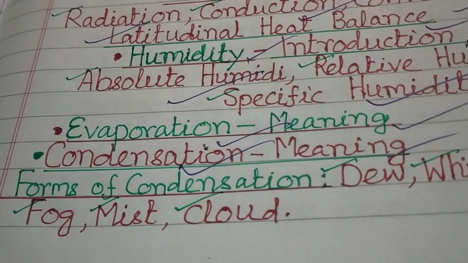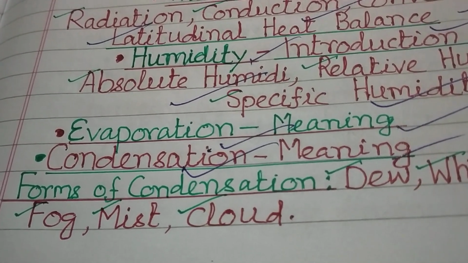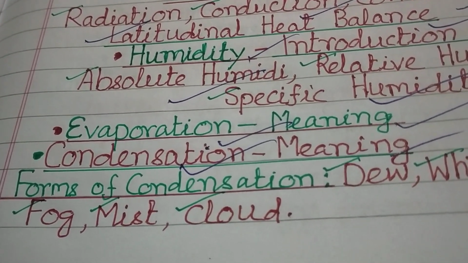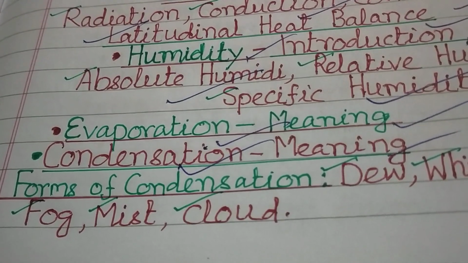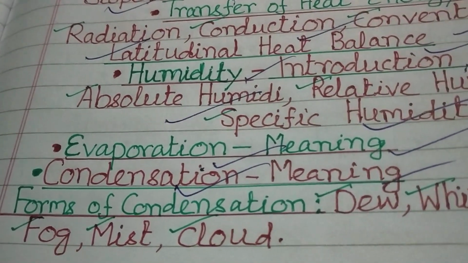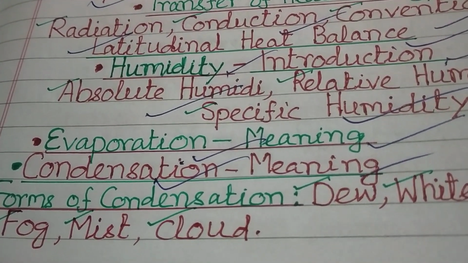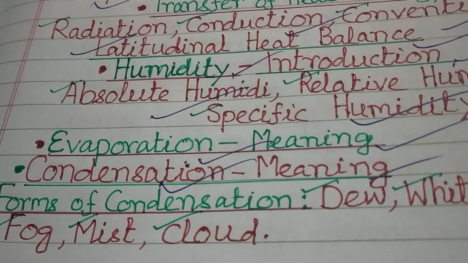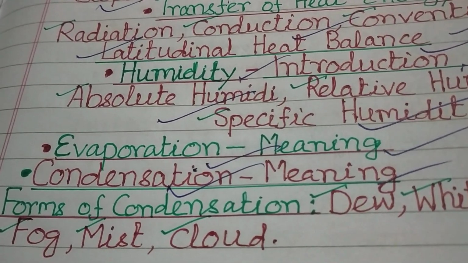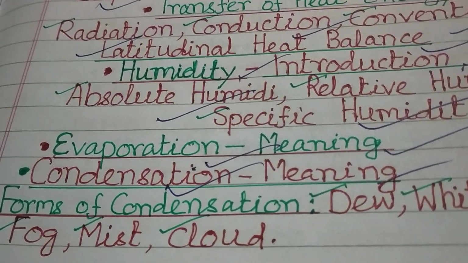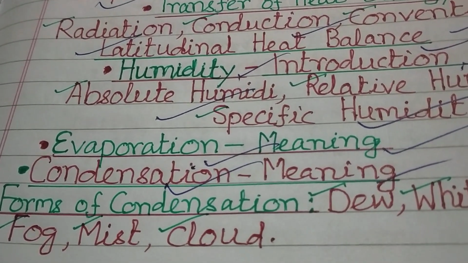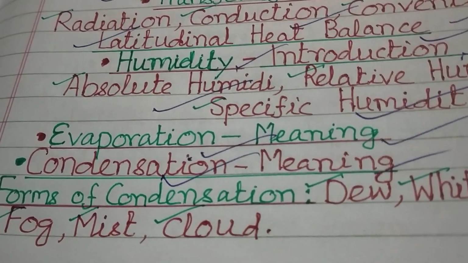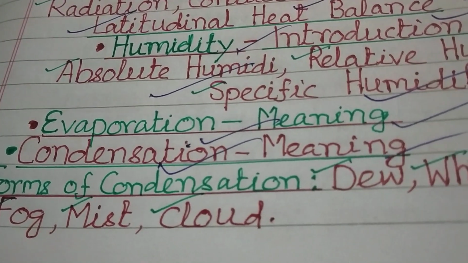Then the excess water vapor condenses into a liquid or solid form depending upon the temperature of the place. In free air, condensation results from cooling around very small particles termed condensation nuclei.